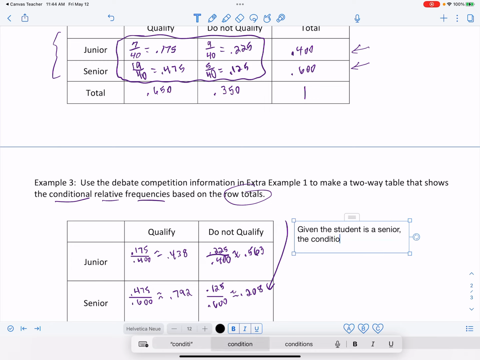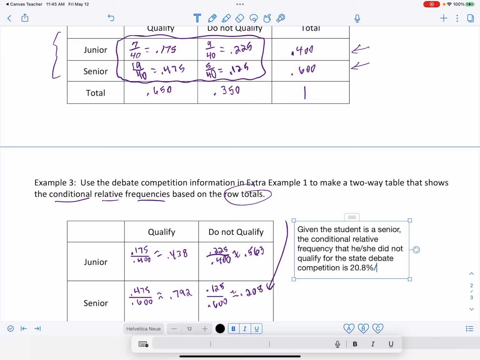The conditional relative frequency that he or she did not qualify for the state debate competition is 20.8%.